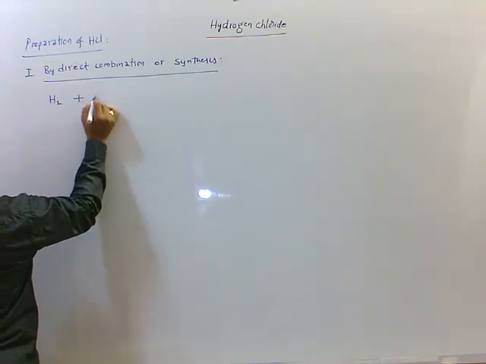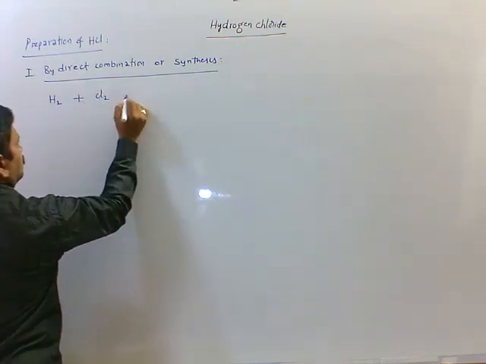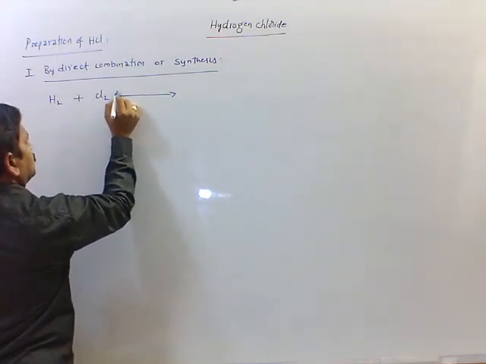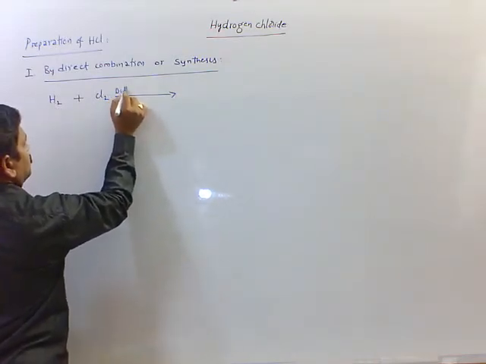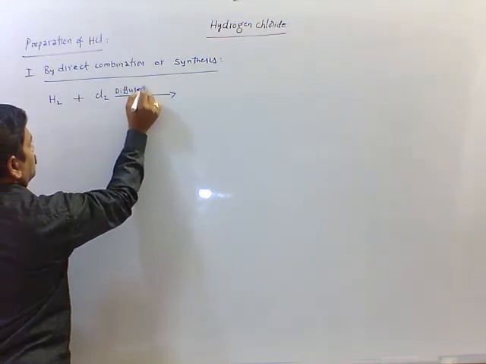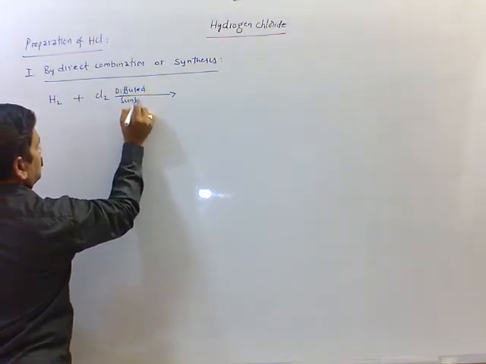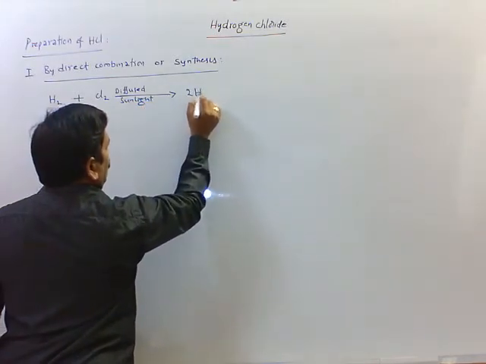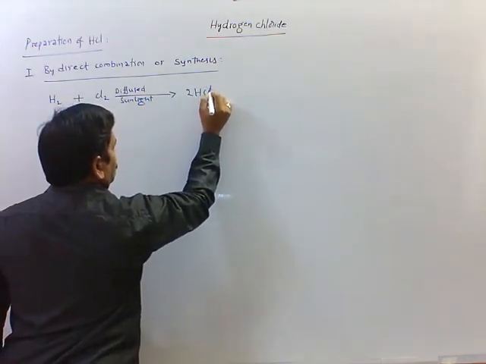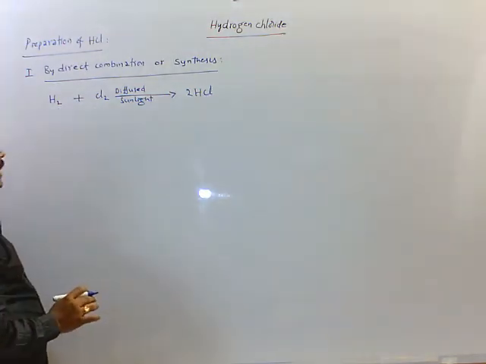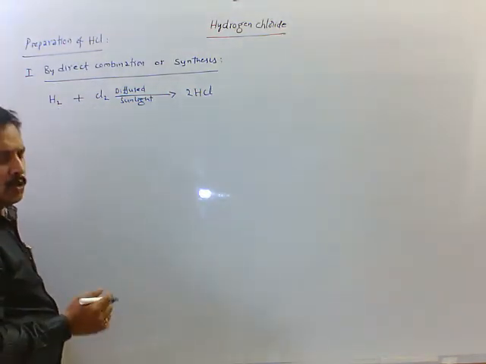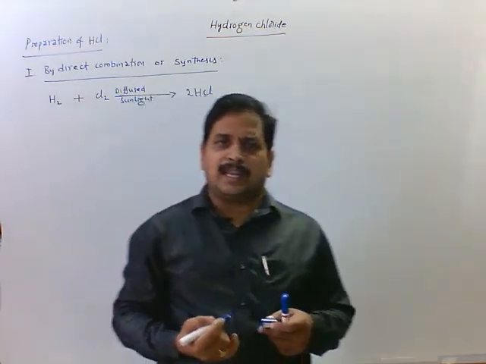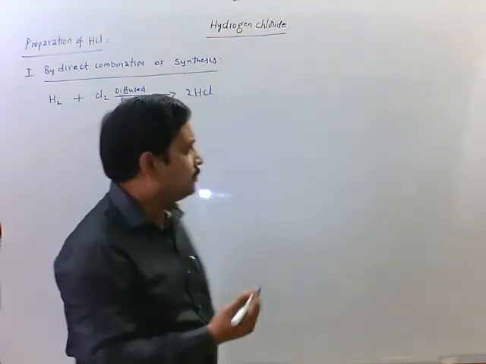Hydrogen reacts with chlorine in the presence of diffused sunlight, forms hydrogen chloride. In direct sunlight, the reaction is explosive in nature, and moisture acts as a catalyst in this reaction.